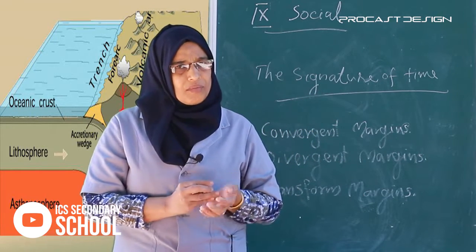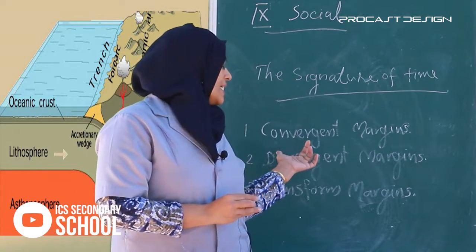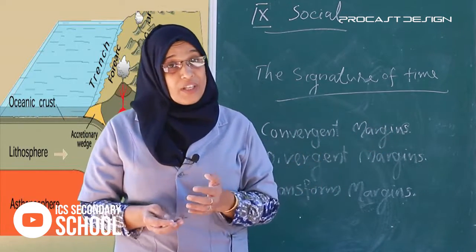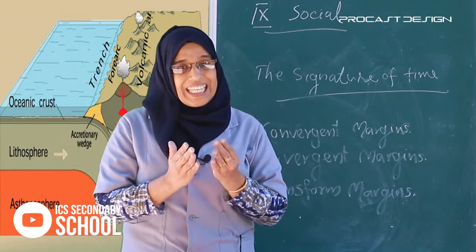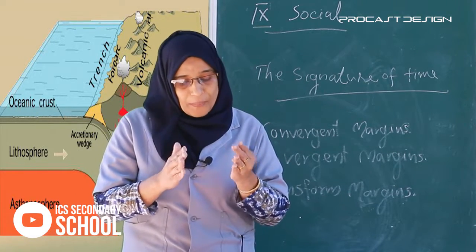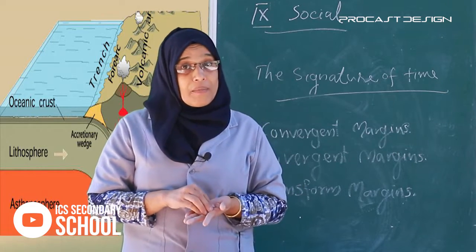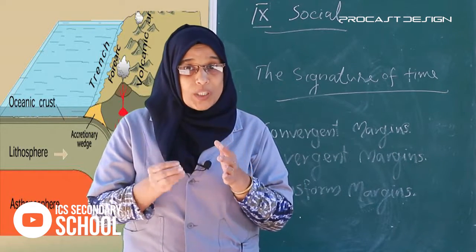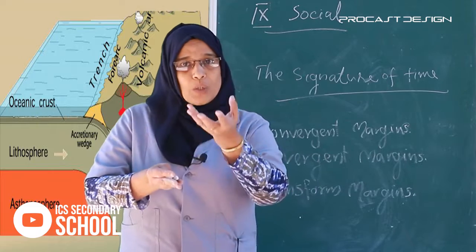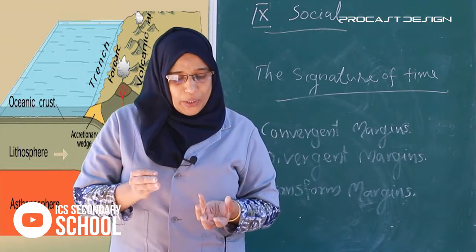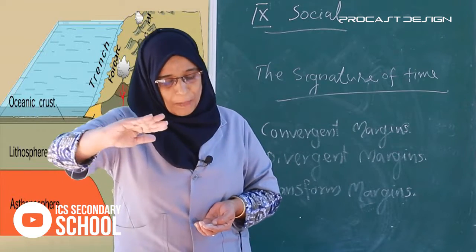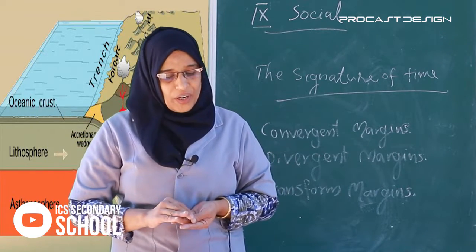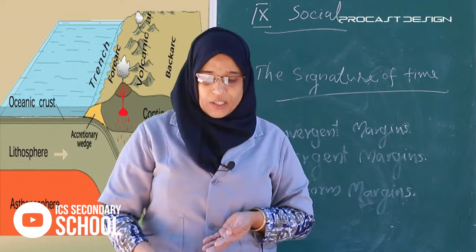Listen. Second one, divergent margin. Divergent margin means plates move away from each other. Magma comes out through the gap formed due to the divergence of the plates and solidifies into mountains.